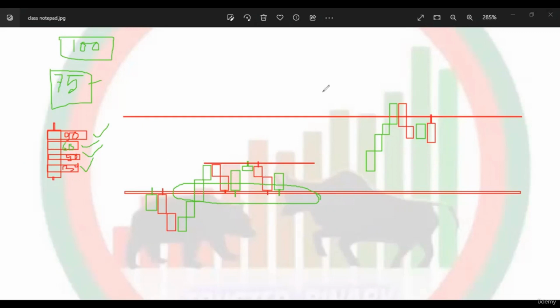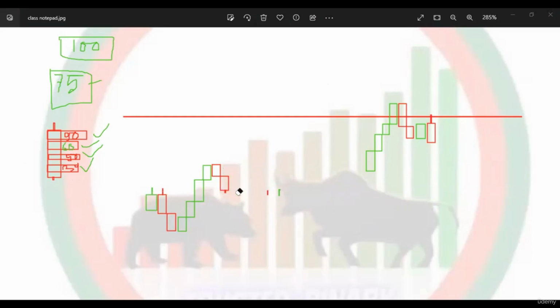If in this candlestick, this is the point here, $100.